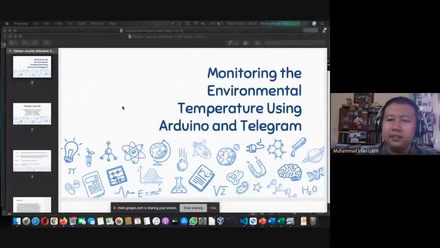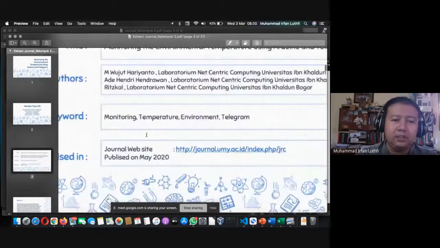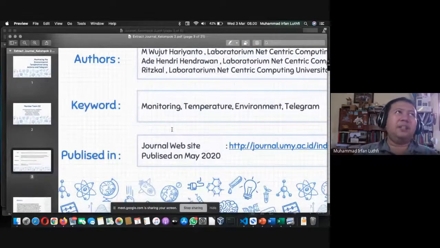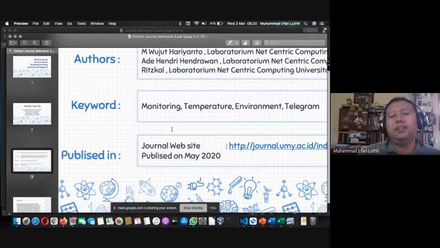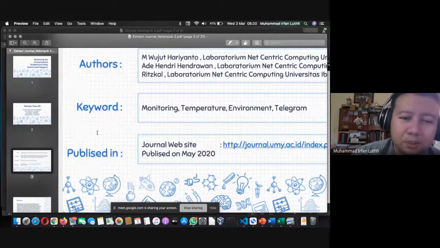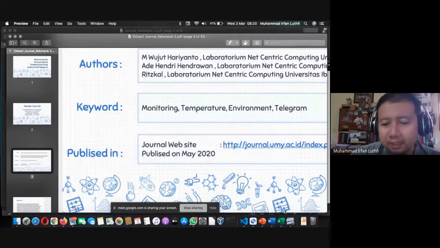Okay, this is the slide from the second group. This is good. This one is the published-in field, which I already mentioned. While you try to find where the article is published, you can focus on this.